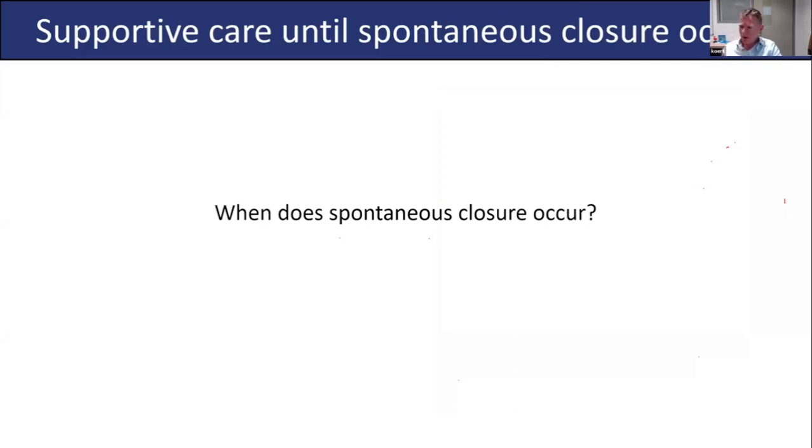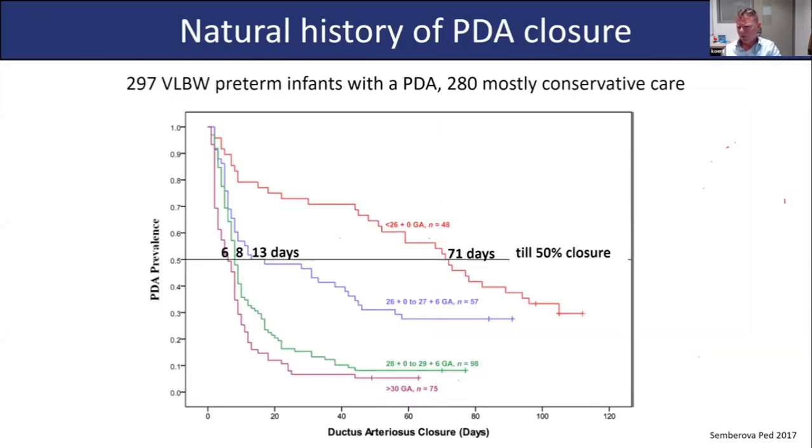So if you apply conservative treatment or supportive care, which we would like to do, you need to do that till spontaneous closure occurs. So ask yourself the question, how long is that? I think the best data about this is probably this one from Semberova.